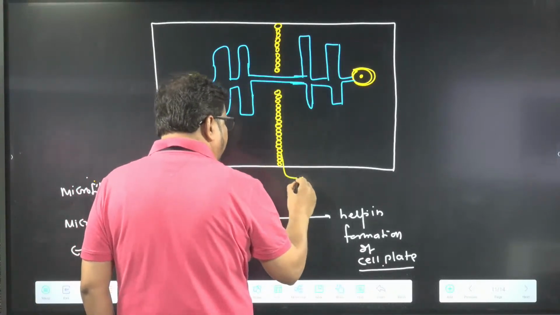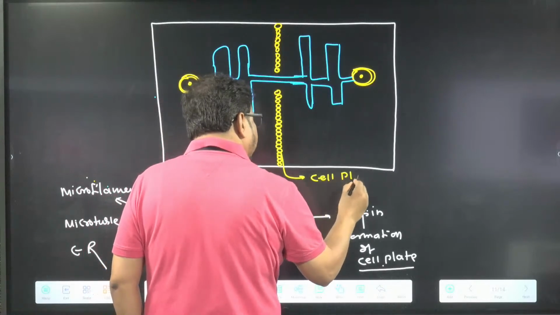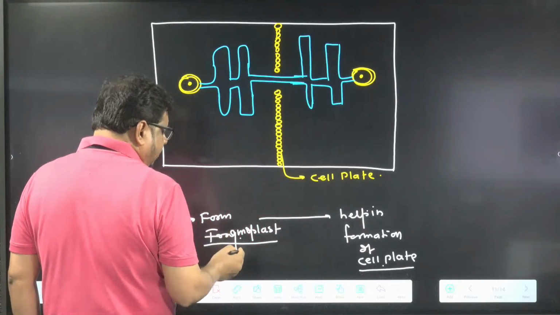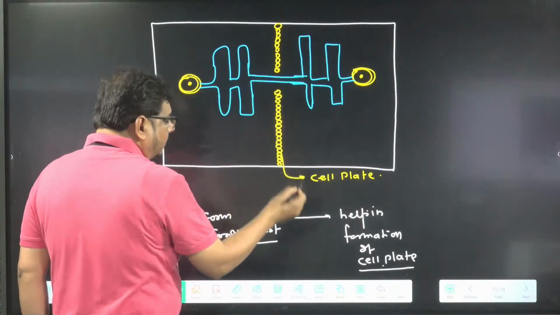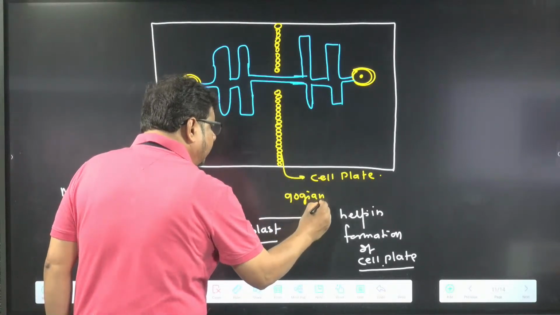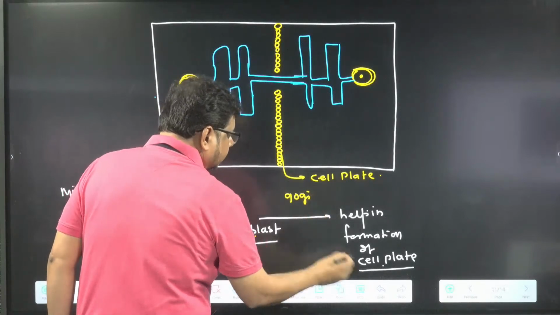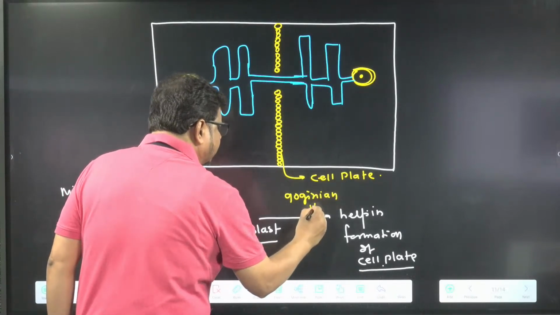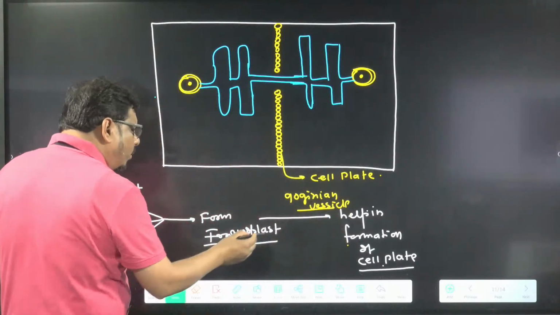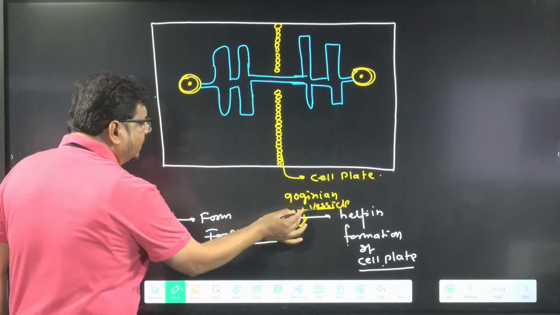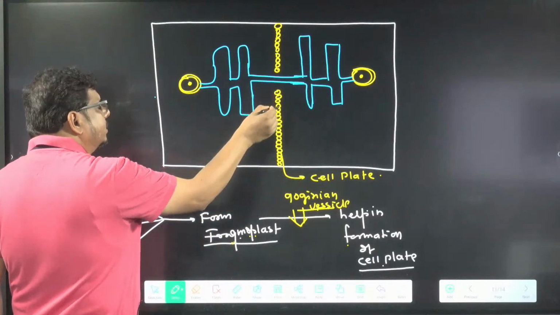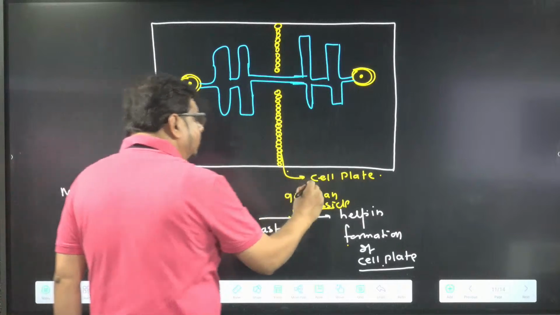And this structure is basically the cell plate. The vesicles are formed by the Golgi body, but the phragmoplast helps arrange these Golgian vesicles in such a way.